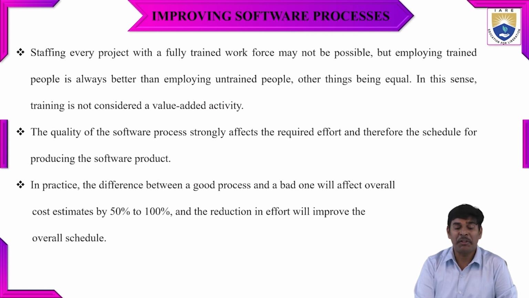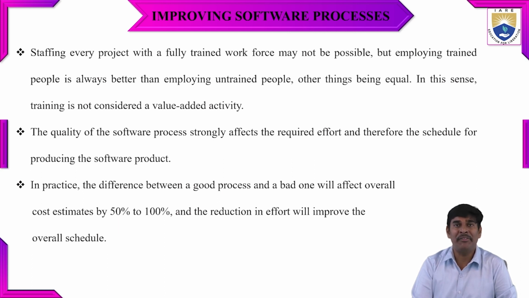The quality of the software process strongly affects the required effort, and therefore the schedule, for producing the software product. So how do we achieve quality in the software process? We need to check what the effort and the schedule are for producing the software product with quality.